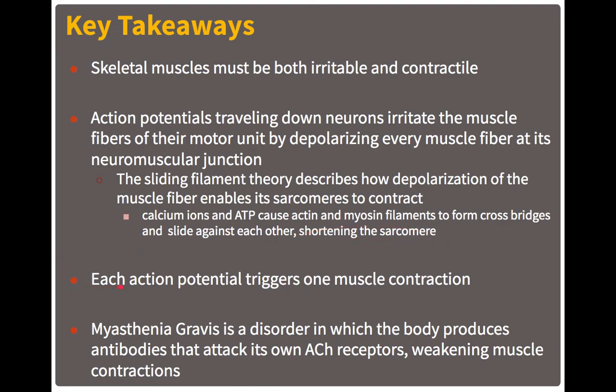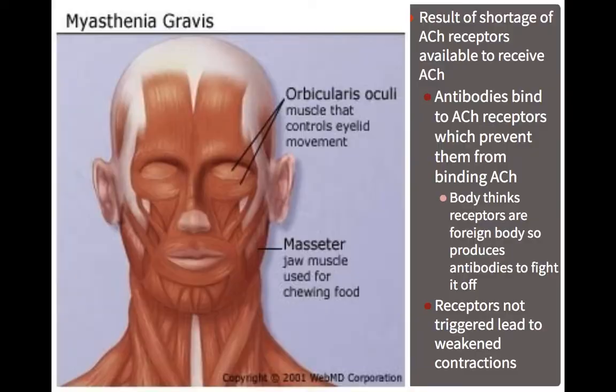Next, you need to know that each action potential triggers one muscle contraction, and that myasthenia gravis is a disorder in which the body produces antibodies that attack the body's own acetylcholine receptors, which means that your muscle cells are no longer able to respond to nerve signals, and that weakens muscle contractions.